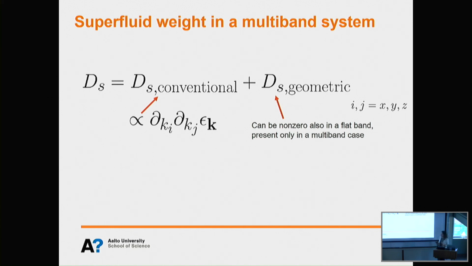The superfluid density will have a part that is the same as obtained earlier. It's the derivatives of the dispersion, and this is of course zero in a flat band. But there is another contribution that we call geometric, and this one can be non-zero in a flat band. So that's the essential one. And this is present only in the multiband case. In the usual single-band Hubbard model, for instance, it is zero.